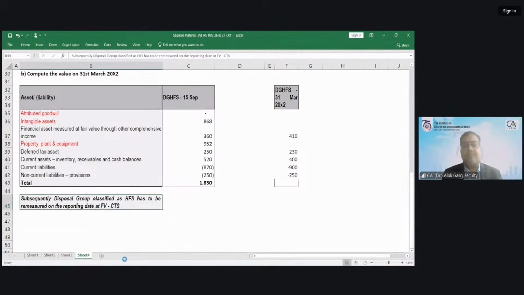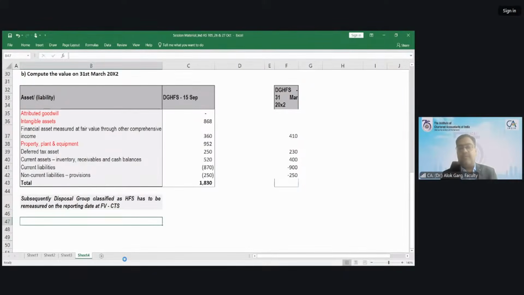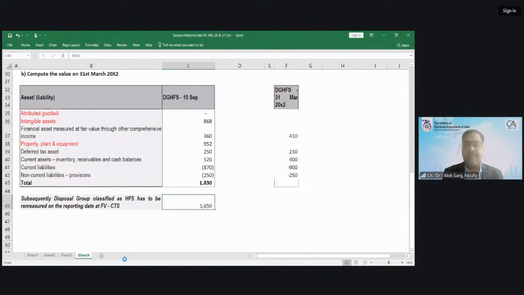Subsequently, a disposal group classified as held for sale has to be remeasured on the reporting date at fair value less cost to sell. So what is the fair value less cost to sell given in this question on the reporting date? 16 lakh 50,000, that is 1650, numbers are in thousands.